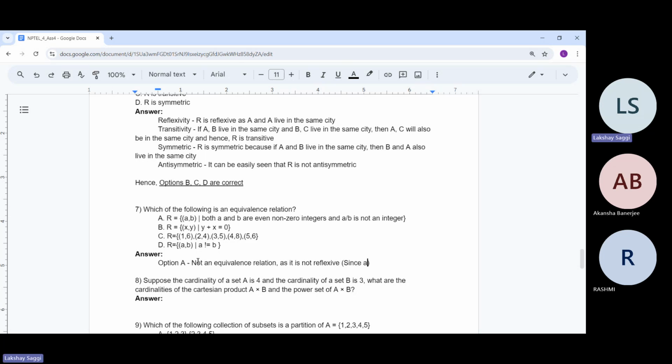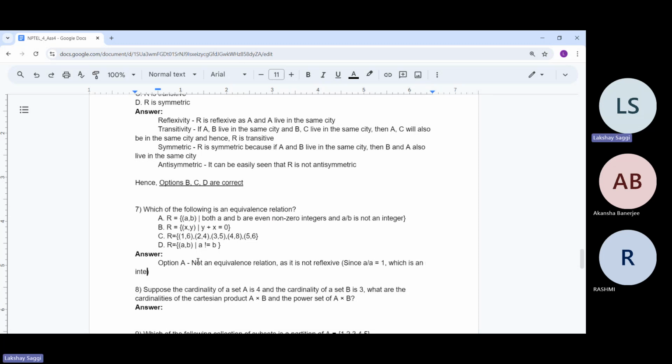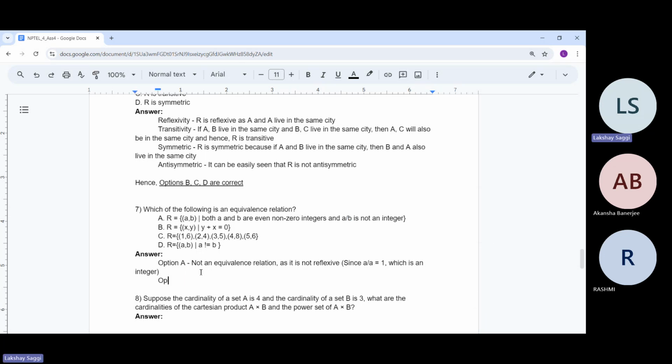Since A divided by A is equal to 1, which is an integer. For a relation to be reflexive, A, A should be part of the relation, right? But if we have A, A, then A by A will be equal to 1, which is an integer. So option A is not an equivalence relation.